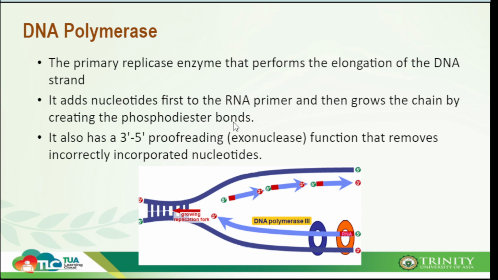Tapos yung sinabi kong proofreading ability niya, ang direction ng proofreading ability is from 3' to 5' naman. And ginagawa na yan through a sub-enzyme called exonuclease. So si exonuclease, yung component ng DNA polymerase that functions to remove incorrectly incorporated nucleotides. Okay? Yan.